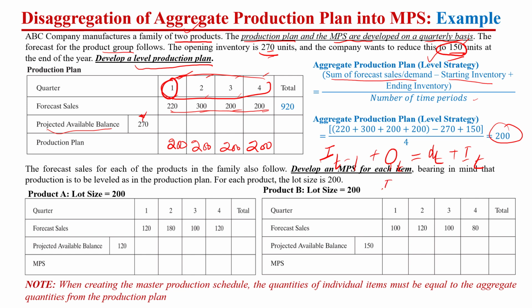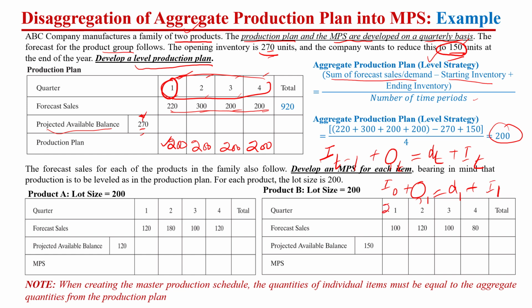So this is going to be equal to I naught, which is the initial inventory, which means we are talking about 270, plus how much quantity we are producing in this time period according to the production plan, which is 200. Okay, so this is Q1 I am saying, and how much demand we have in this time period, which is 220, plus how much inventory we will have at the end of the first quarter.